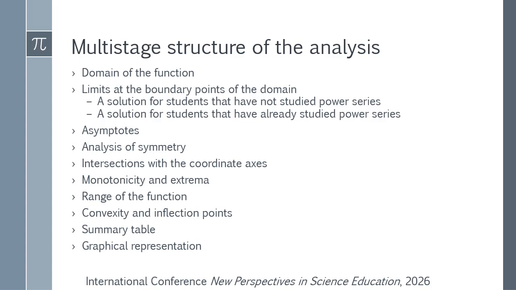Since the limit of the integrand exists at this point, the value can be extended by continuity. As a result, the domains of the integrand and of the integral function are determined. This completes the analysis of the domain of the function.